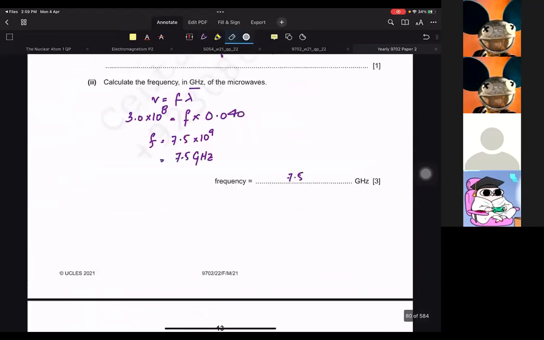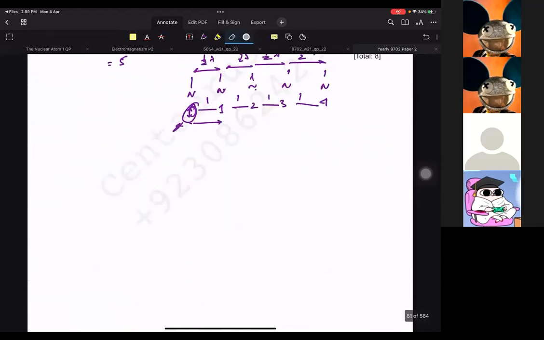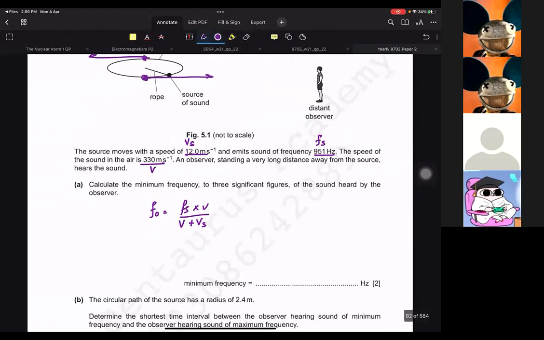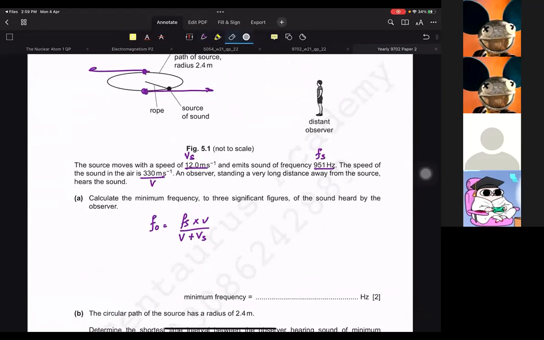But it says find the minimum frequency. Minimum frequency means that it needs to go away. When something is moving closer to you, the apparent frequency increases. When it is moving away from you, it decreases. Closer increases, away decreases. Do you understand the whole thing? Now that's why I put plus here.